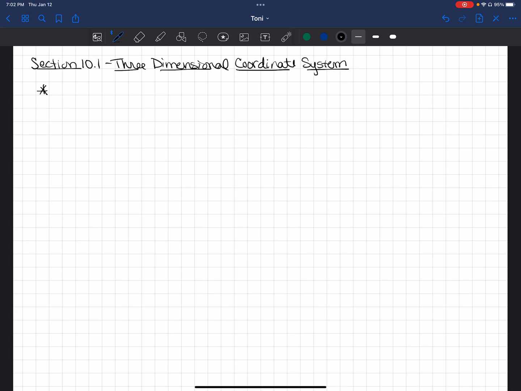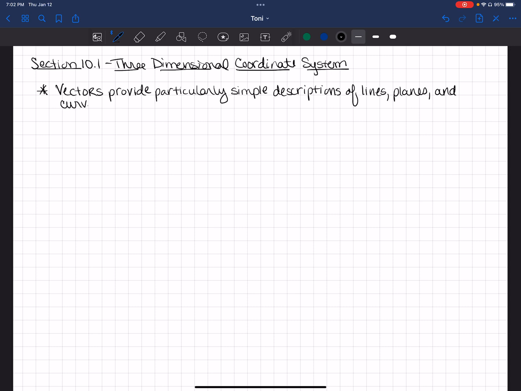You kind of took some harder classes before you took this. And this kind of explains what vectors really are. Okay, so you just need to keep in mind that vectors provide particularly simple descriptions of lines, planes, and curves.